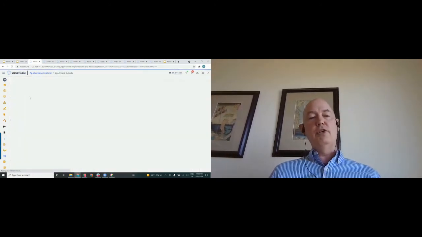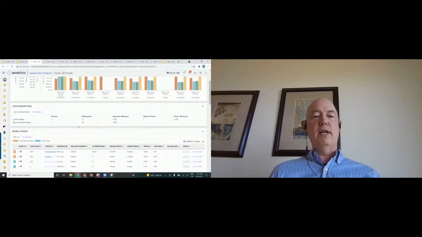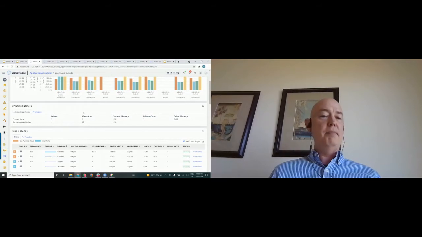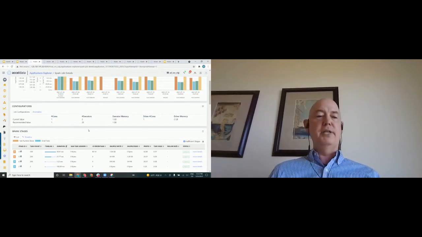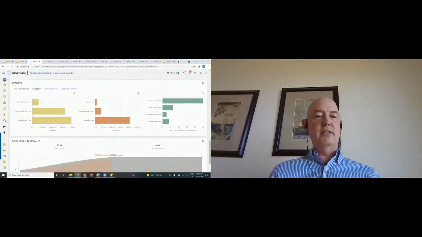So from here, I can do a deeper level of analysis. The first thing I can do is take a look at configurations. We provide a recommendation engine that provides configuration recommendations out of the box. That might be all I need to tune this particular job to get it to be on track. But if I want to go further, I can take a look at the simulator.